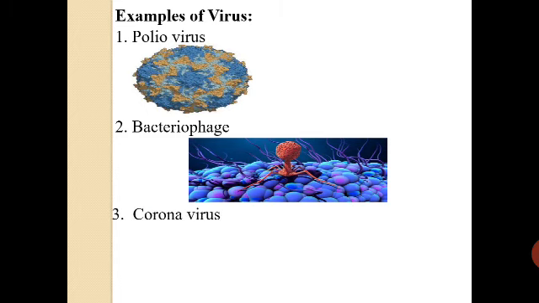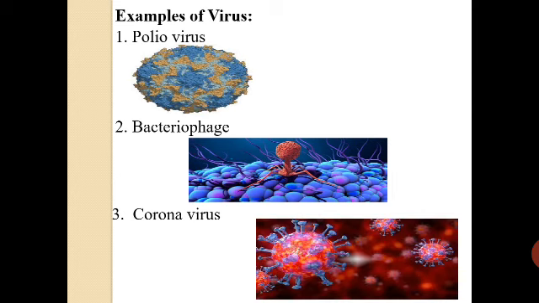Then we have coronavirus, which is very common nowadays, and how it looks like. So all these are three examples, but there are other examples as well of virus, and almost all the viruses are very harmful to us, and we know how we are facing the problem today.